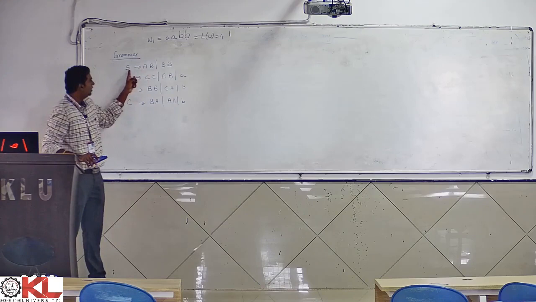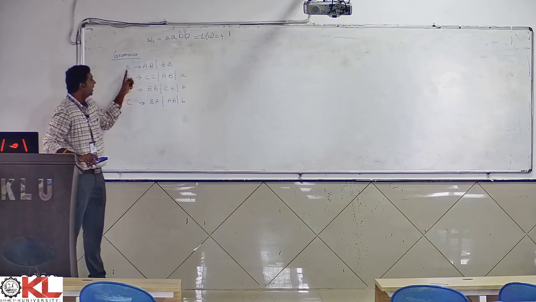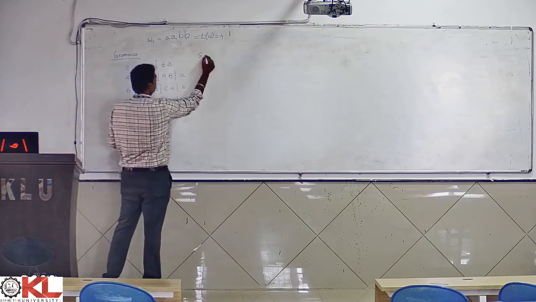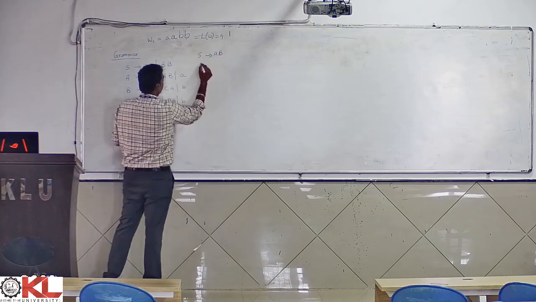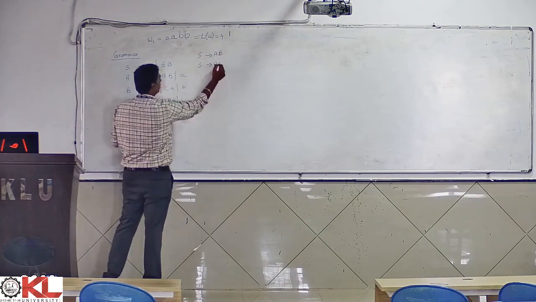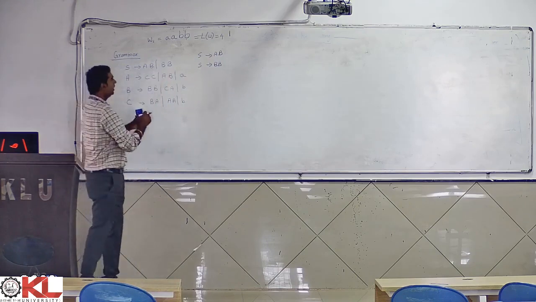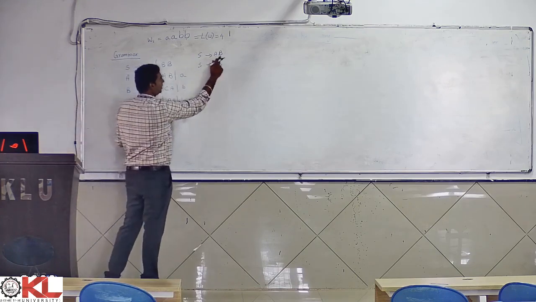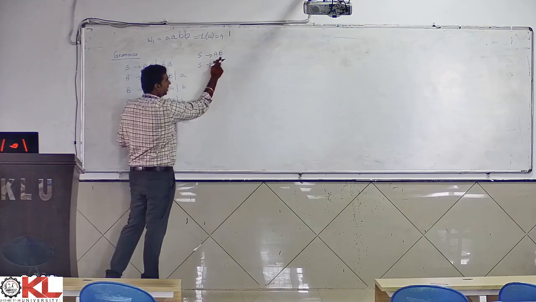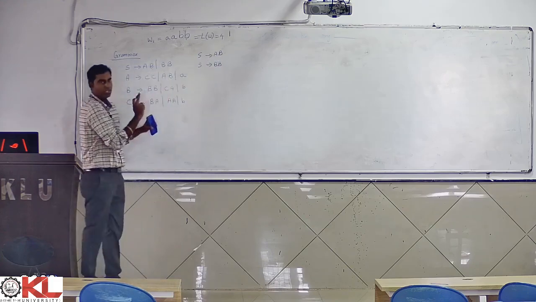For the starting symbol there are two cases, S tends to AB and S tends to BB. In short form, I have written it like this. If you check the right hand side, only two non-terminal words are there. So it belongs to Chomsky normal form.